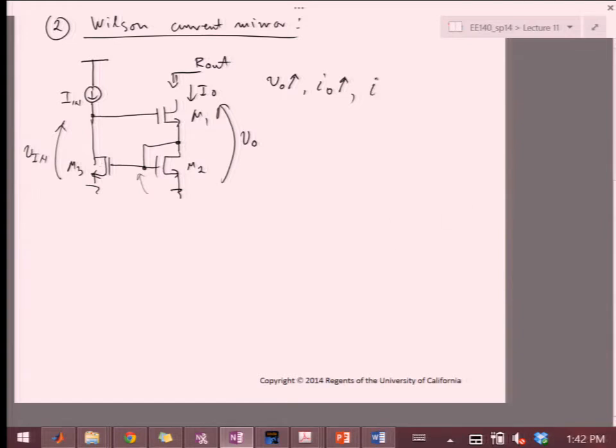So then I3 will increase because its VGS voltage increases. If I3 increases, it pulls this node more down, right? So then Vin decreases. And if Vin decreases, it basically pulls this gate down. And then what happens with I naught? So I naught goes down. So what is this called? Yeah, so this is negative feedback.